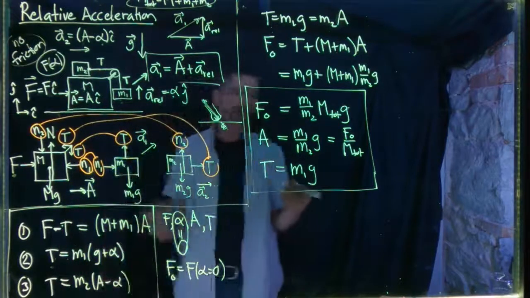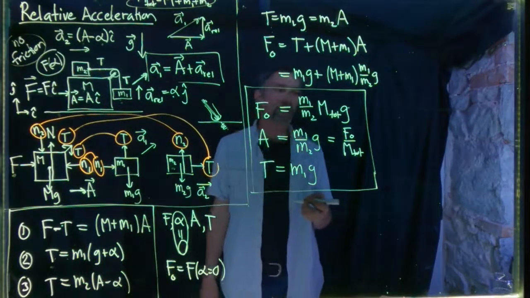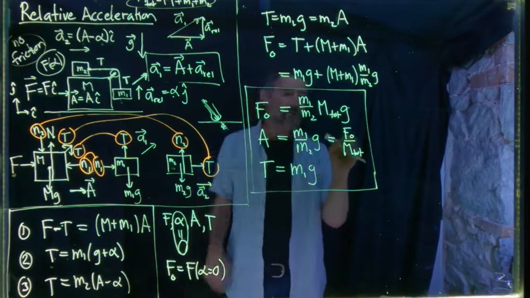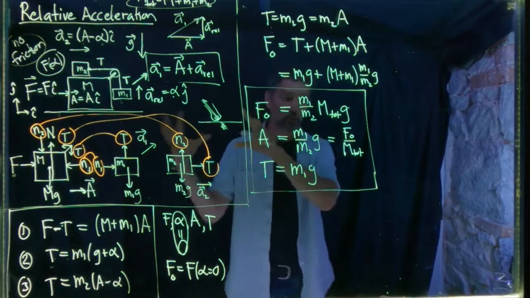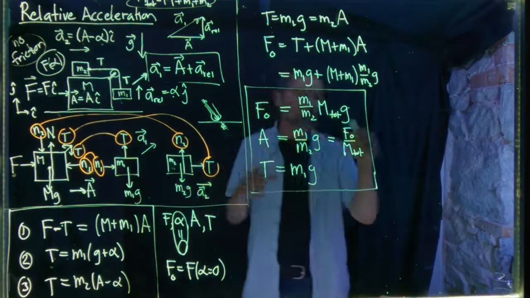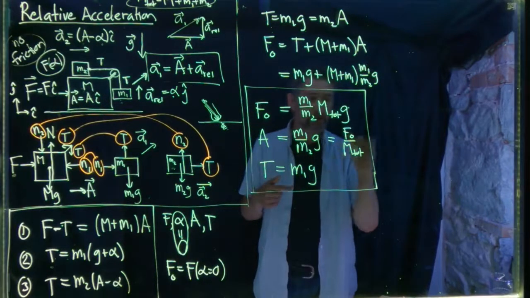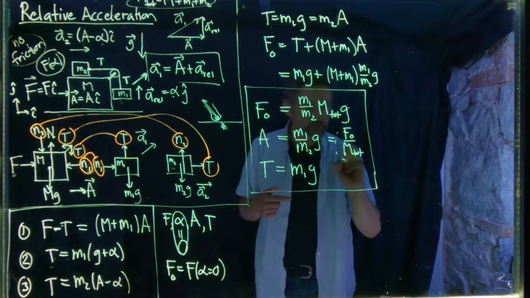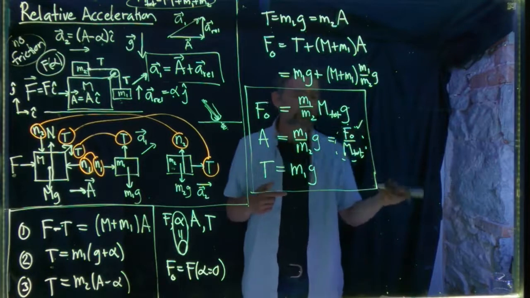And so then the answer for that special case of alpha equals 0 is simple. It says that the acceleration of the whole conglomerate is the applied force, so the external force acting, divided by the total mass. So this is correct. That one gets a check mark.